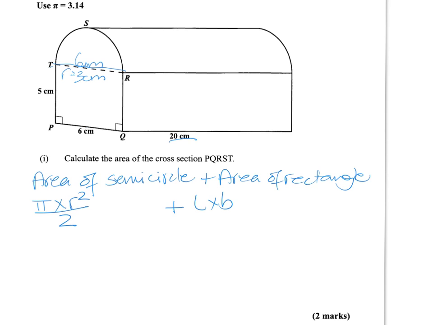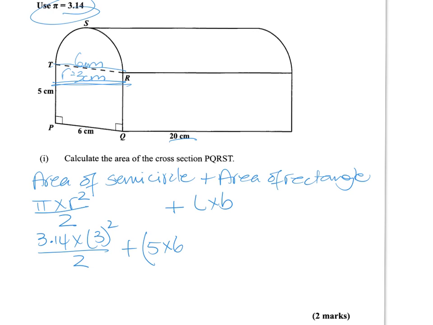So that will be pi, which they told us to use as 3.14. So 3.14 multiplied by the radius squared, so 3 squared, because it is half of the diameter, all over 2, plus length by breadth, which is 5 by 6.